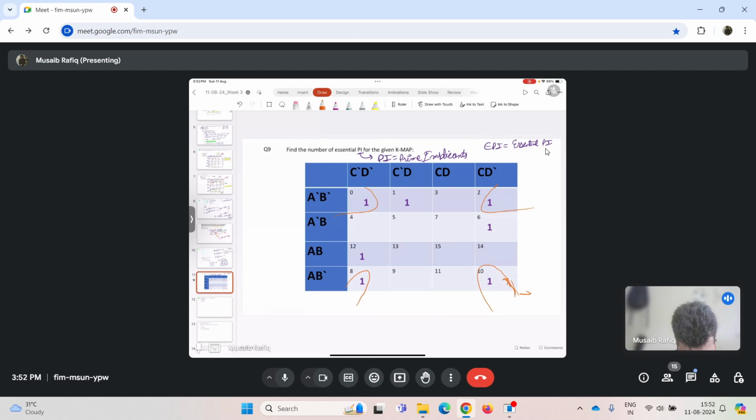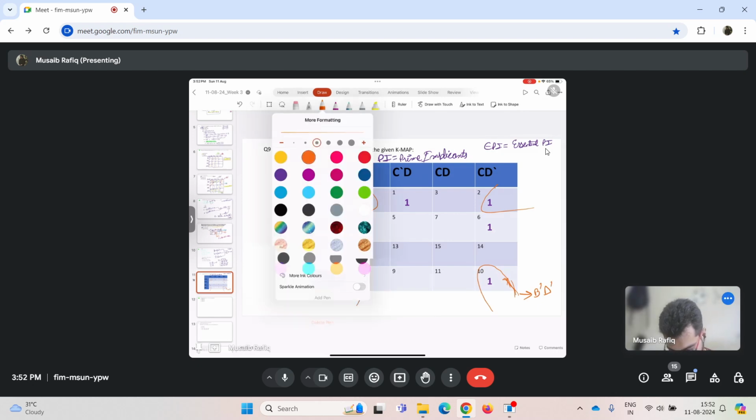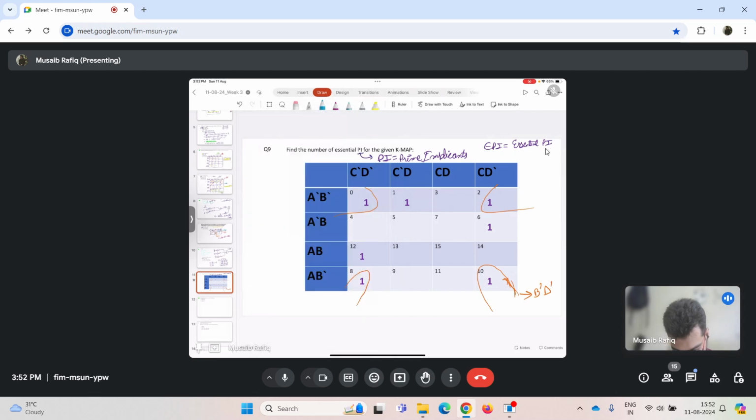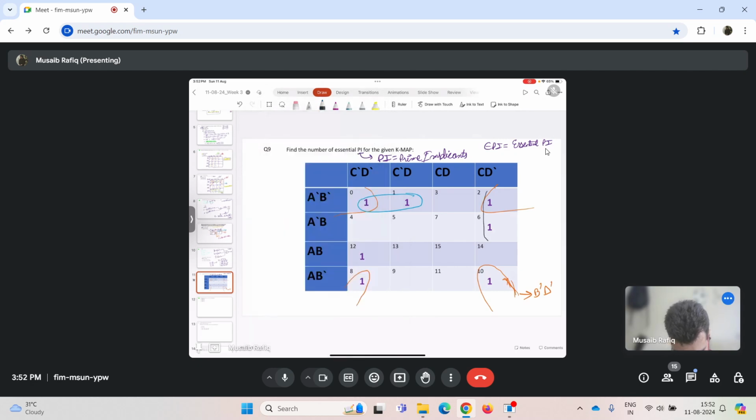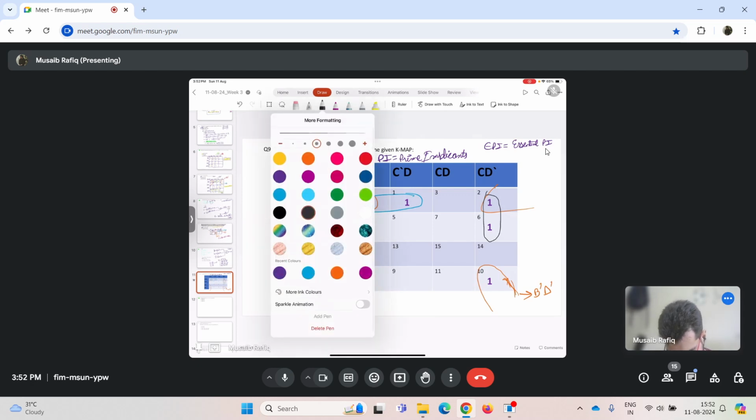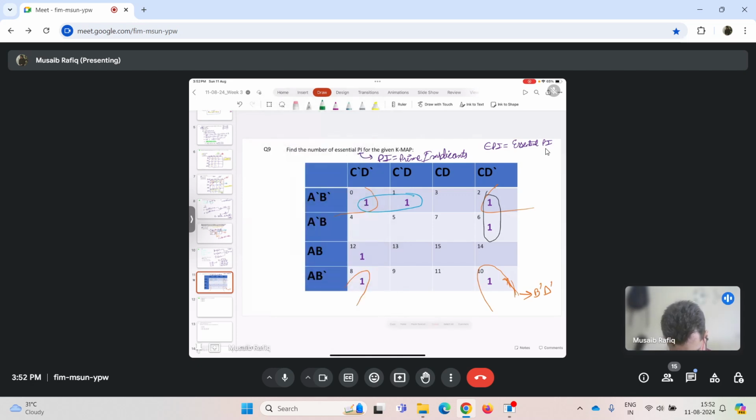And the term that it gives is B bar. Then I have a pair that I can construct, this. Then I have another pair that I can construct, this. So these are prime implicants. And then I have another prime implicant, this. So these are my prime implicants, right?